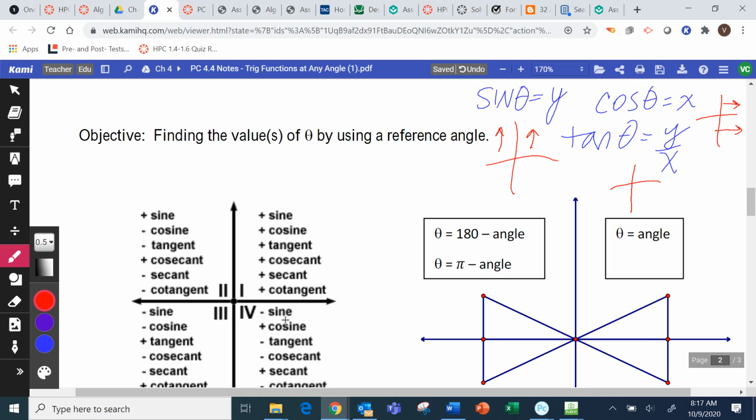So tangent is positive in 1 and 3. So these are the quadrants at which they are positive. So if they are not positive, then they would be negative in the other quadrants. Right? There's not a third option, is there? I guess 0 would be right on the axis, so I guess there is a third option.